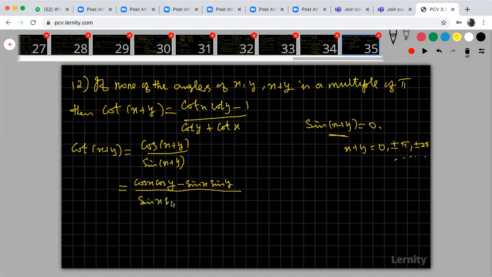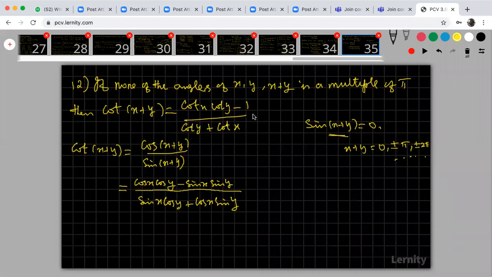Sin x cos y plus cos x sin y. Please try to understand. I am applying the formulas for cos of x plus y and sin of x plus y. These are identities we have already discussed. Based on the previously proved identities, I am proving the remaining identity, one by one.